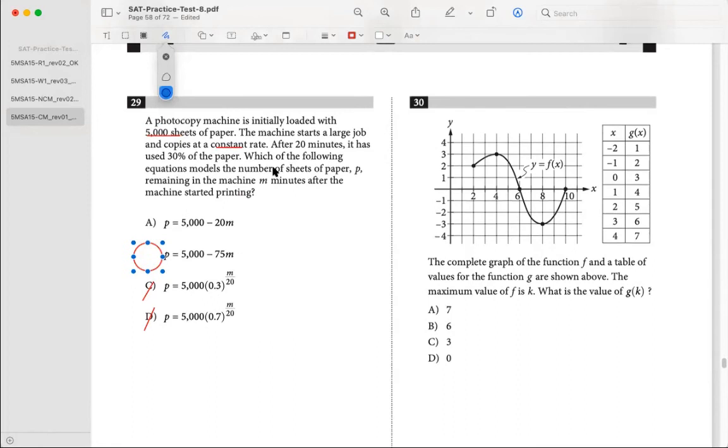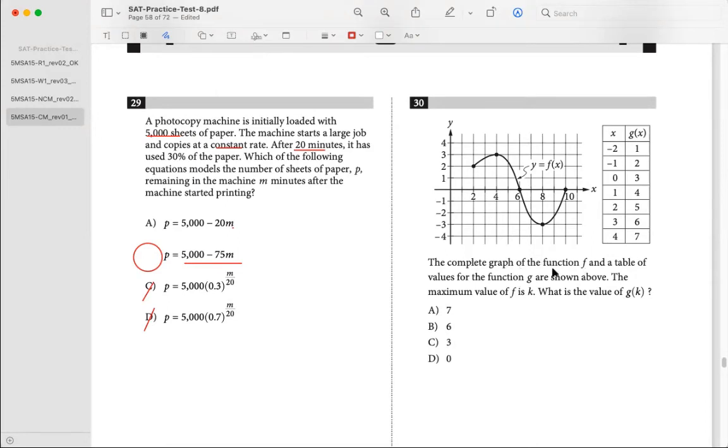Since it's saying after 20 minutes, 30% is gone, I did 30% of 5,000 to get 1,500. Negative 75 times 20 is 1,500, so it'd be the same. This one would be too little. So it has to be one of the linear ones because it's constant. Does that make sense? Are we good? All right, cool.